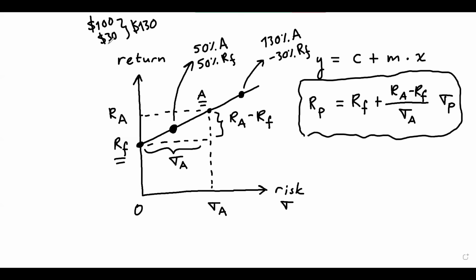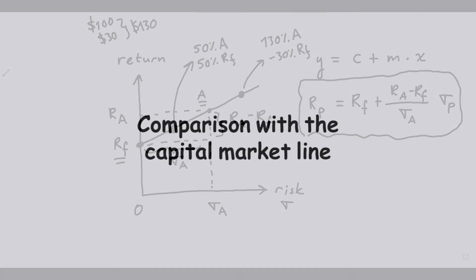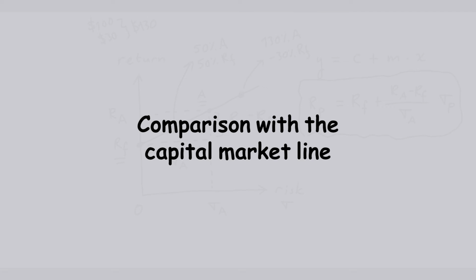The last thing I would like to discuss is the difference between this capital allocation line and the capital market line. To illustrate that, let me draw this graph again. We have risk on the horizontal axis and return on the vertical axis.